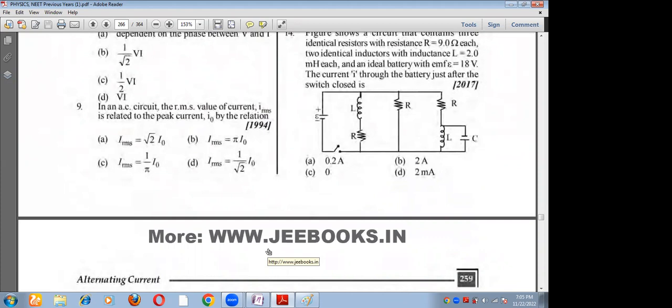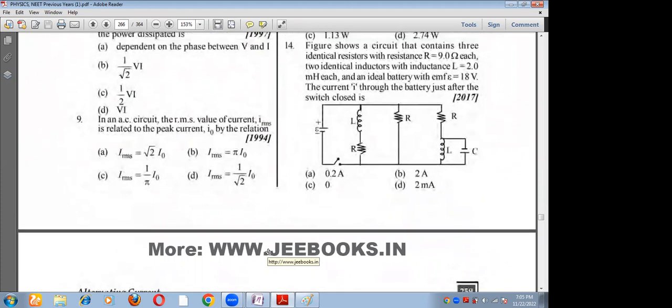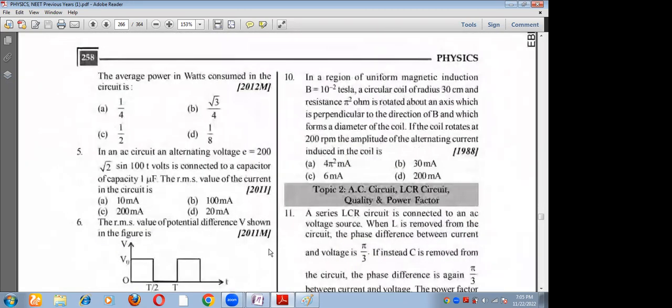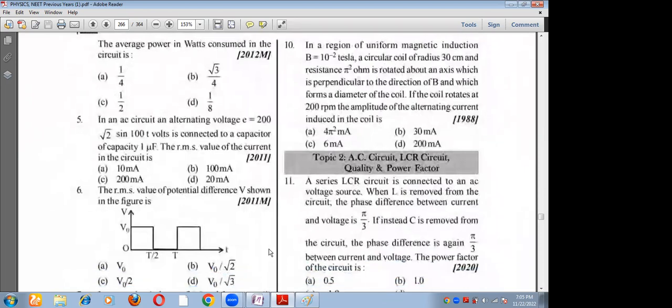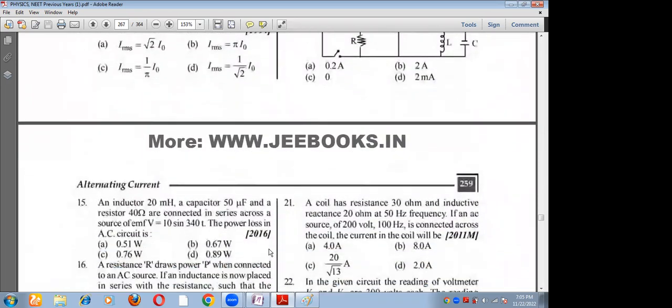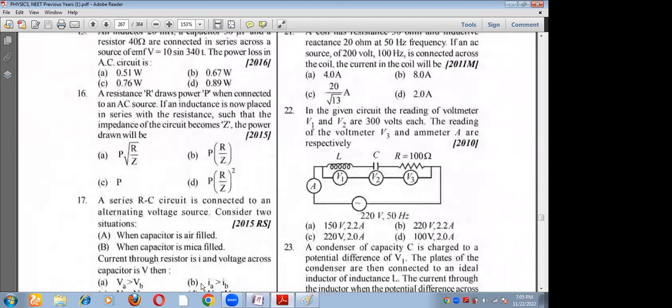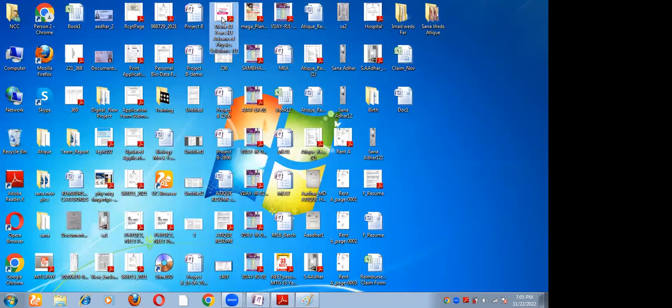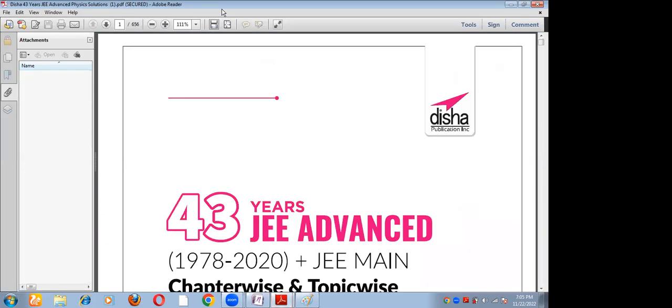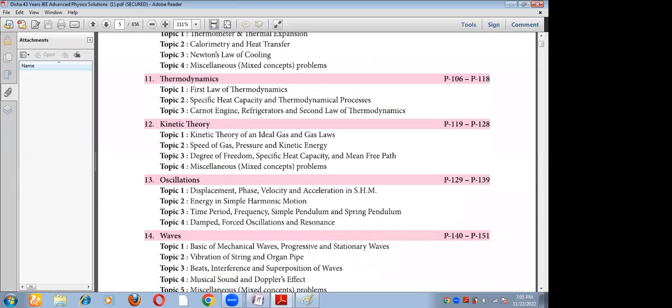The RMS is I naught by root 2. There are some JEE questions based on that. RMS value is generally taken, and direct questions are asked for marks.